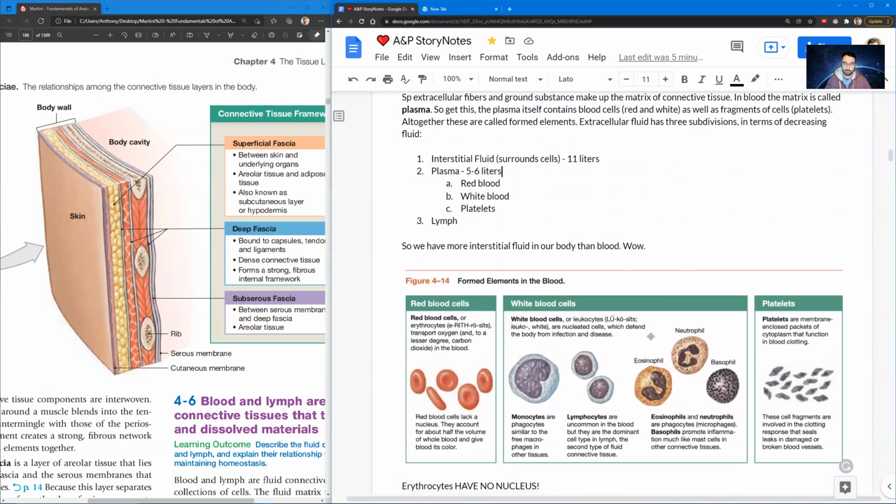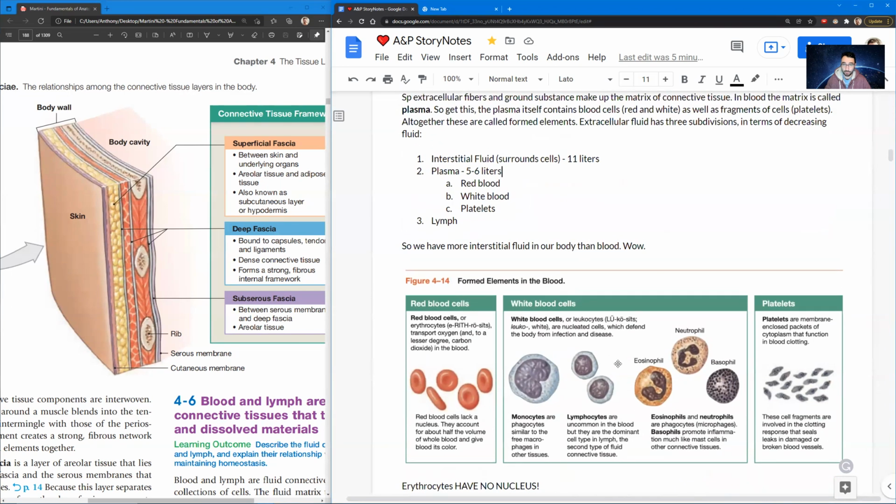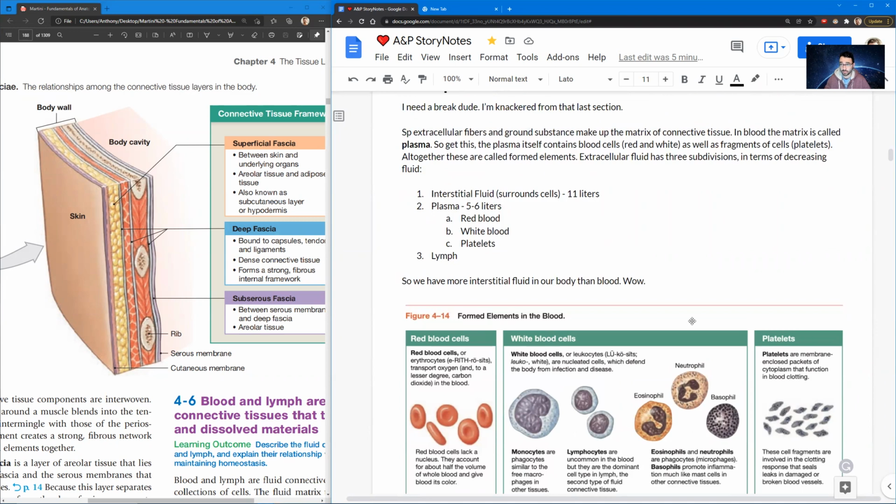Pretty crazy. All right, formed elements, red blood cells, white blood cells, and platelets, combined with the plasma, the more watery fluid part of our blood, that's what makes up the blood matrix, I think.